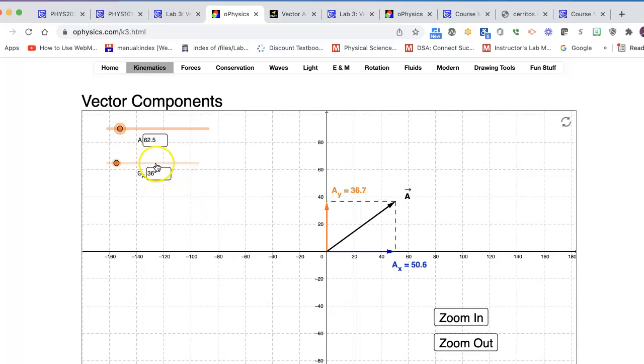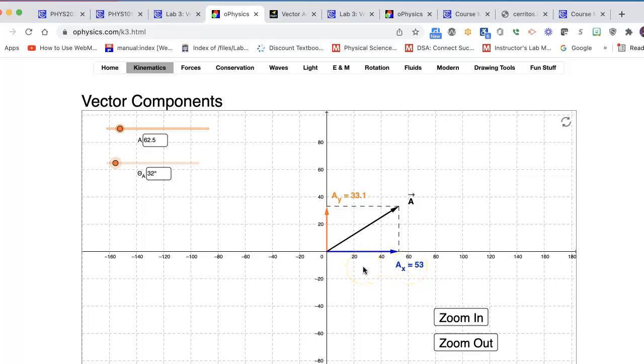All right, and then I want to have 32 for the angle. Okay, now here, look, it's giving you what's AY and what's AX.